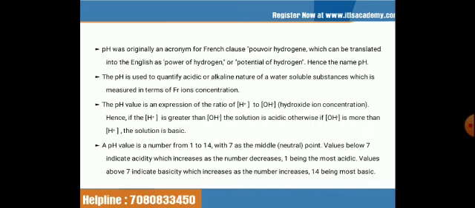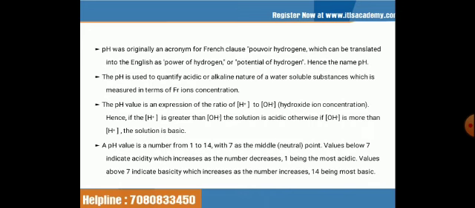The pH value is an expression of the ratio of H ion to hydroxide ion. Hence, if the H ion is greater than the hydroxide ion, the solution is called acidic. Otherwise, if the OH ion concentration is more in solution as compared to the H ion concentration, the solution is known as a basic solution.